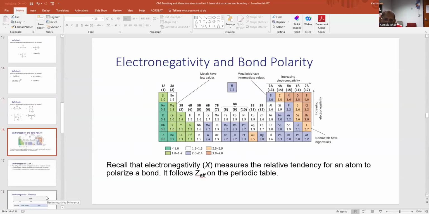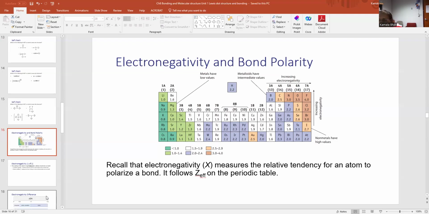Now, before we go any further, we have to determine what is the nature of the bonding that is there. Why? Because compounds are formed by either loss and gain of electrons or sharing of electrons.